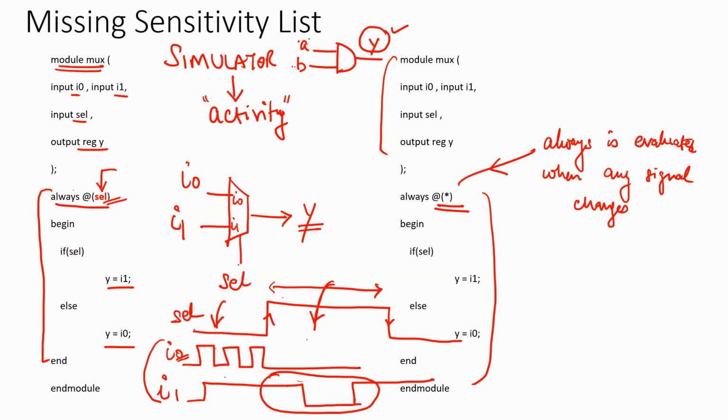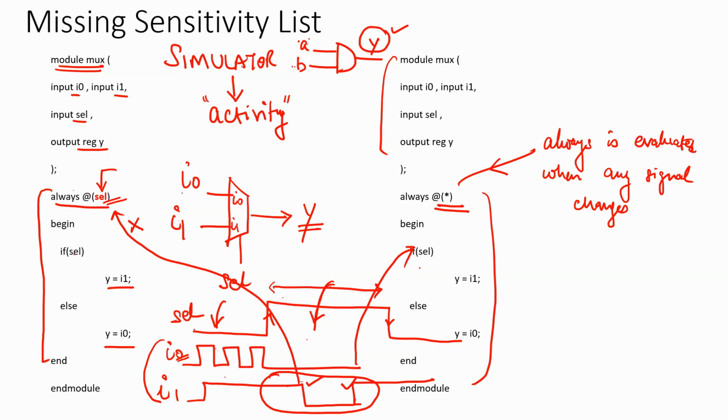That means for changes in I0 and I1 also, the always block will get evaluated, and at that point, these changes will now be seen here, whereas these changes will not be seen because of this.